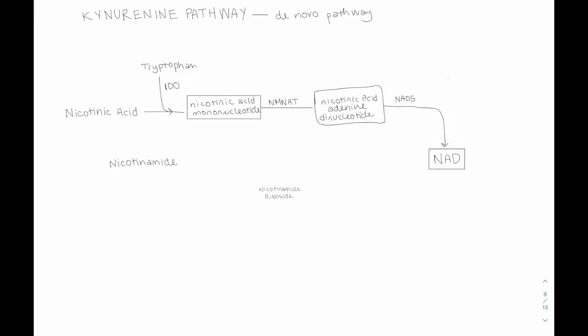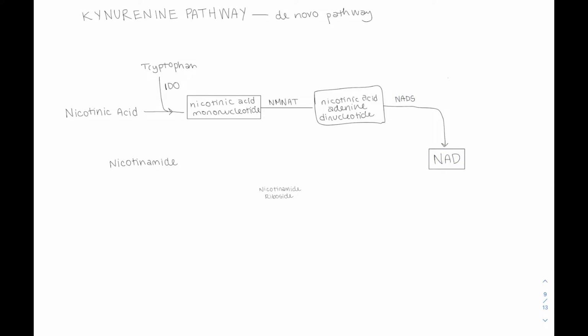Let's explain it. Nicotinic acid is able to be converted into nicotinic acid mononucleotide, so it's adding a nucleotide on there. We have another enzyme that's adding another nucleotide, so we have a dinucleotide: nicotinic acid adenine dinucleotide. Then we have another enzyme, and it's finally made into NAD.